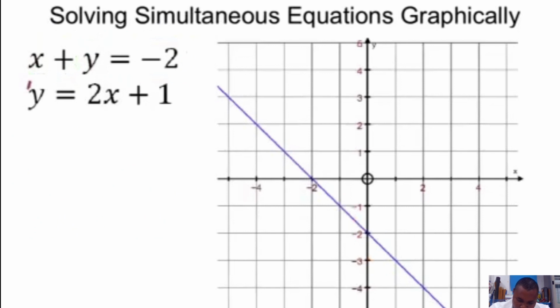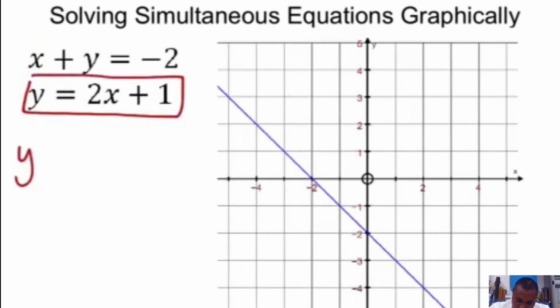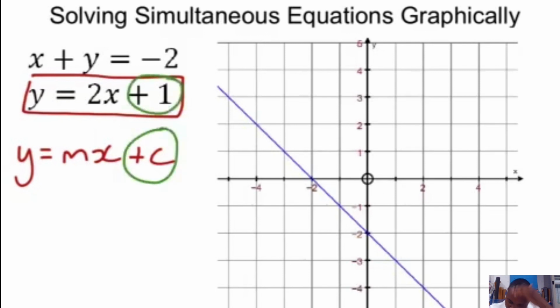The second line, y equals 2x plus 1, is already in the form y equals mx plus c, so we don't need to do any rearranging. We see plus 1 is our value for c, so it's going to go through the y-axis at 1. And this time we have m equal to 2.